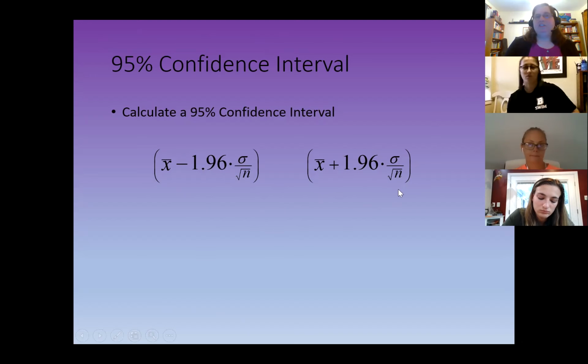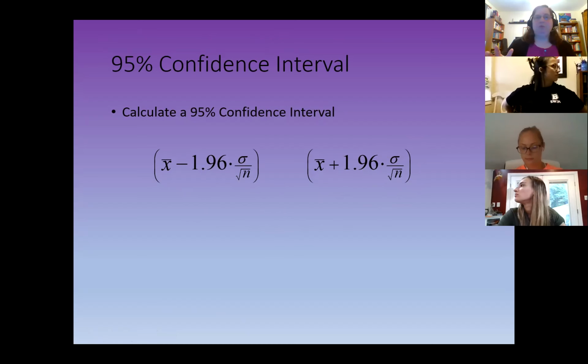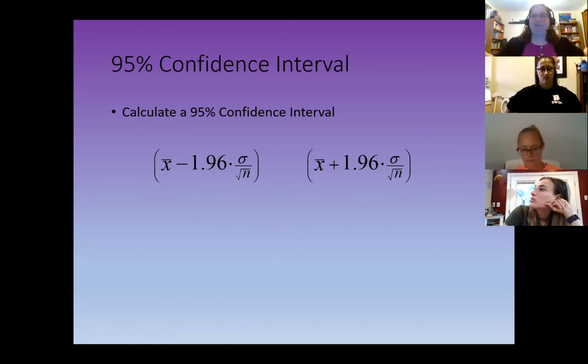Remember this? Standard error of the mean. We'd multiply it by 1.96. Remember that number. That's what appeared in our drawing there, where we had 1.96 up and down. That means we got 2.5% on each side. And then we just add or subtract. We add that to the mean or subtract that from the mean. Okay, so that's your 95% confidence interval.